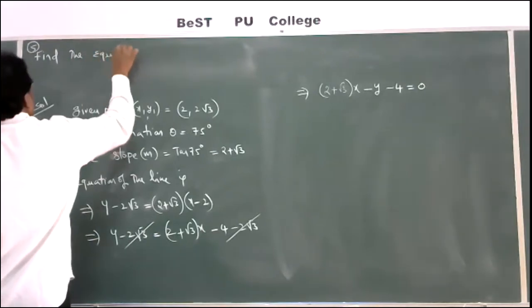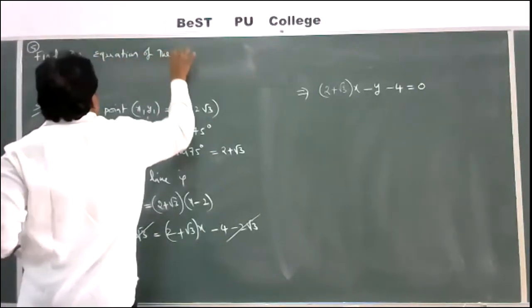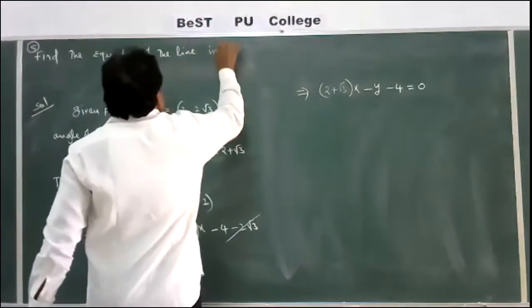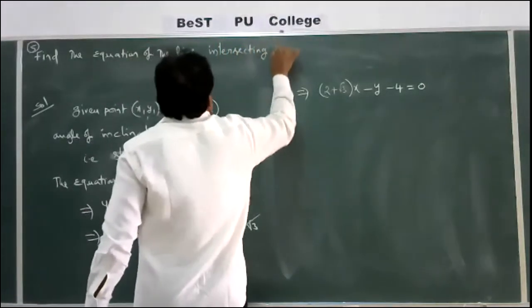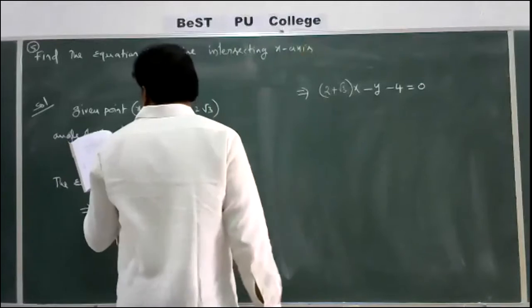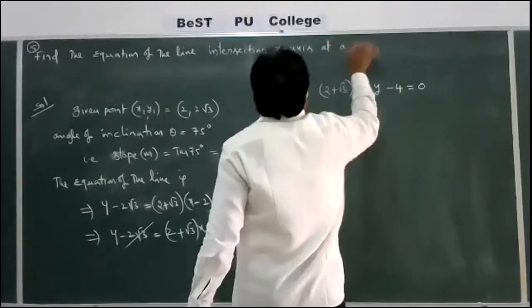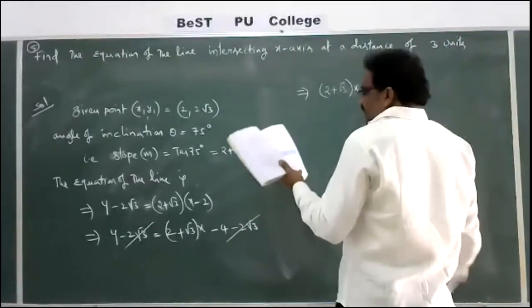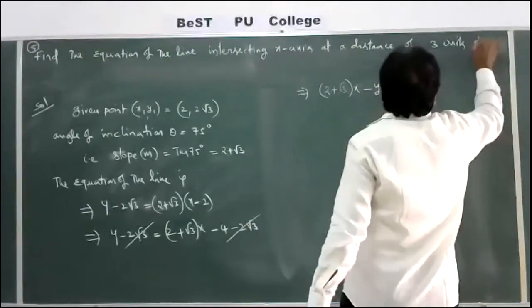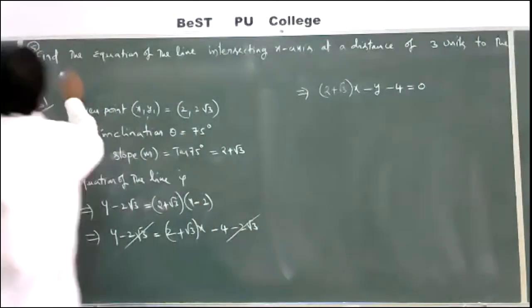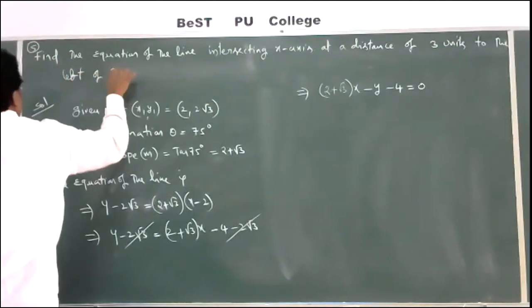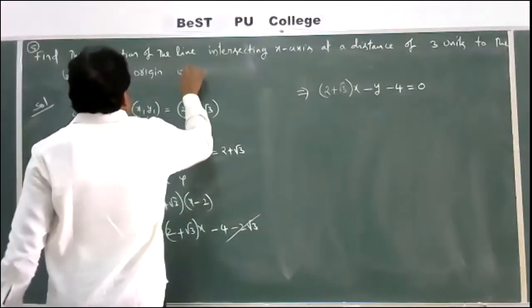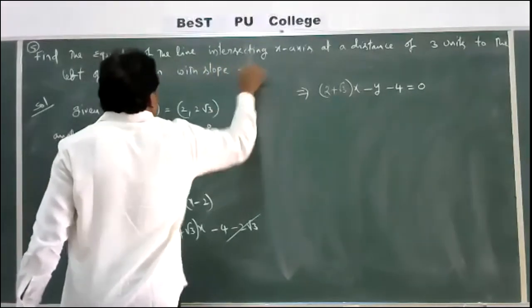Find the equation of the line intersecting the x-axis at a distance of 3 units to the left of the origin with the slope -2.